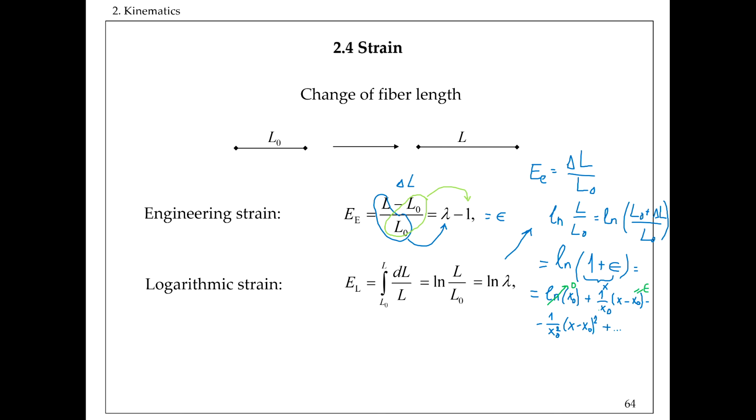This is 1, so this 1 again, and so there will be again 1 minus 1, and so what will come out of this parenthesis will be epsilon squared.